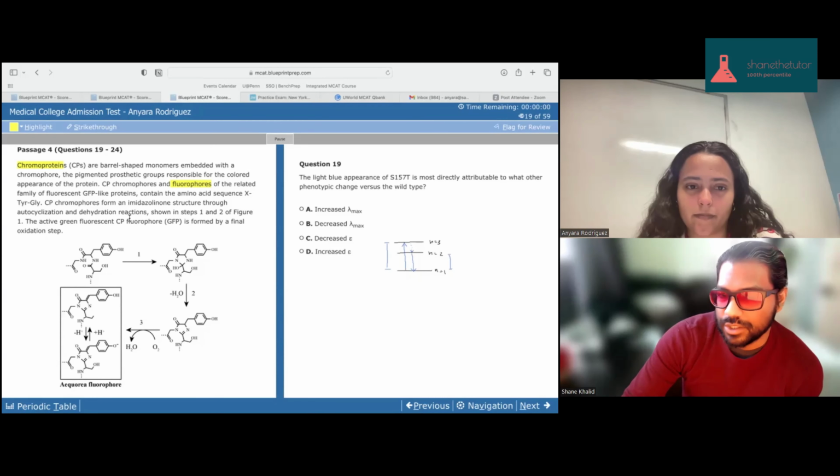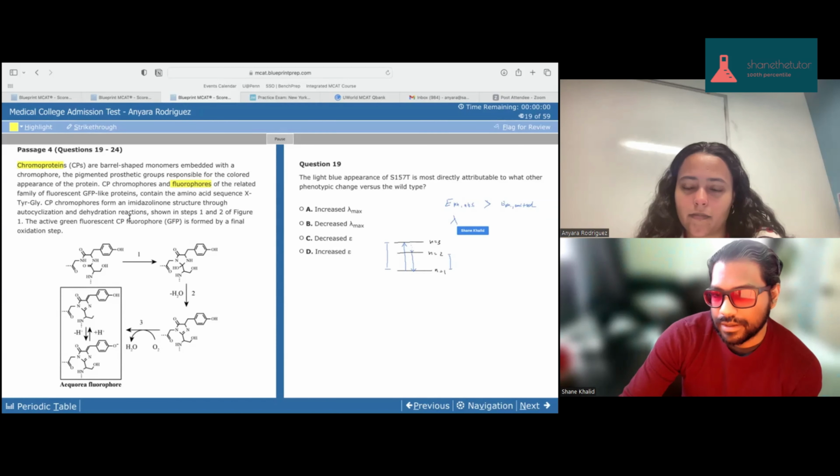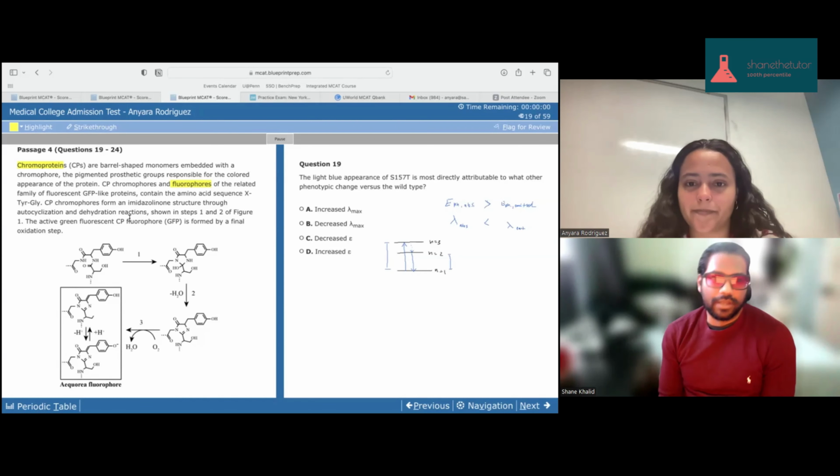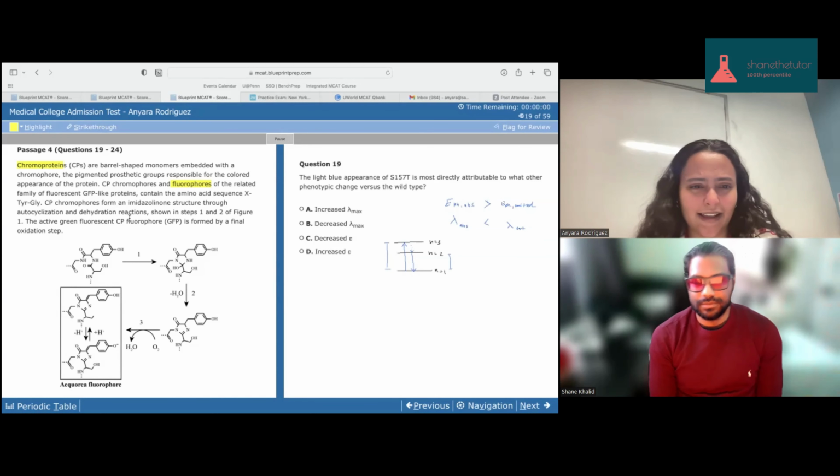So with fluorescence, the energy of the photon absorbed will be larger than the energy of the photon emitted. Which would also mean that the wavelength of the photon absorbed will be less than the wavelength of the photon emitted. Right? Okay, cool.